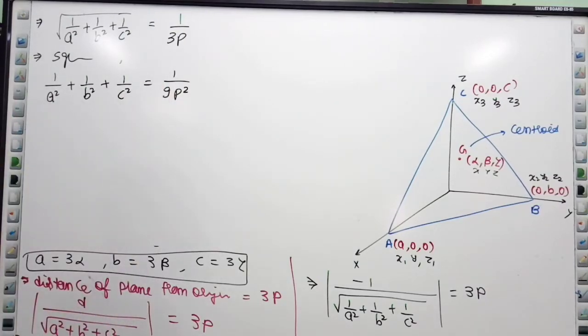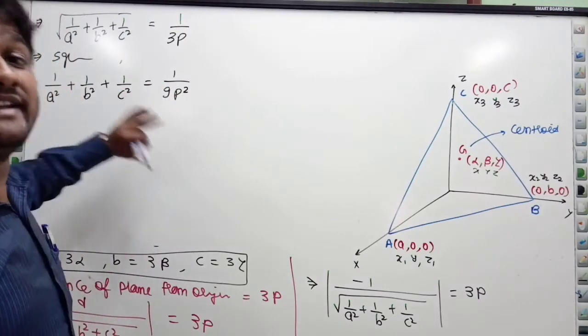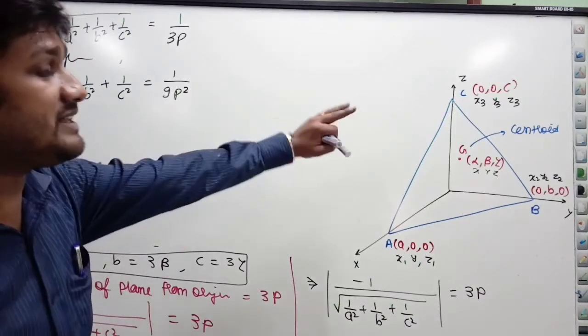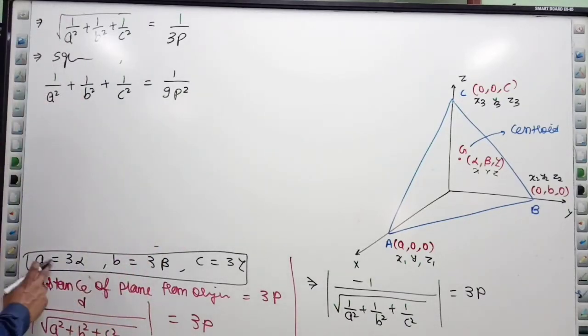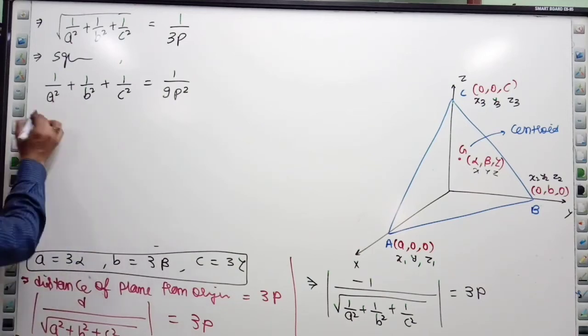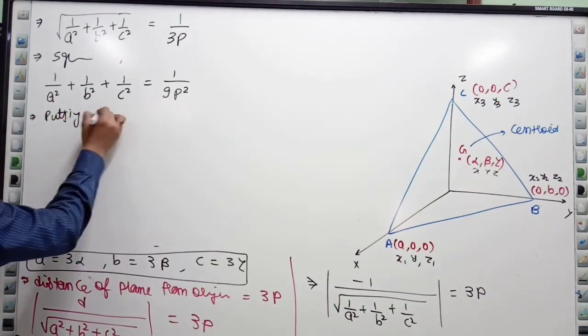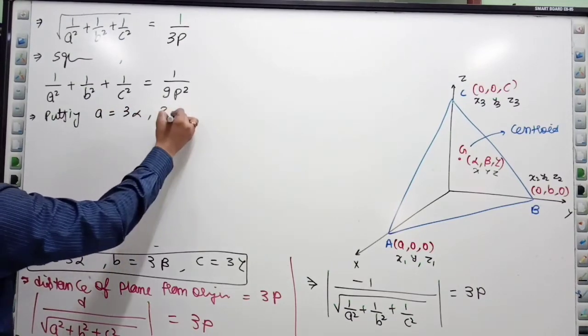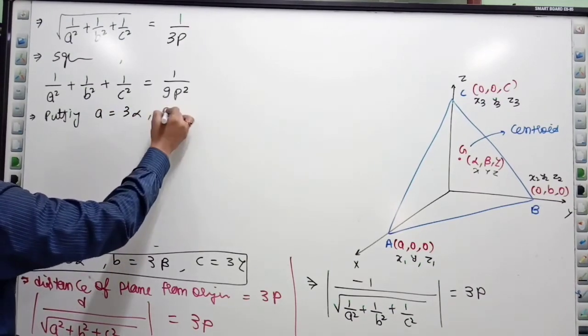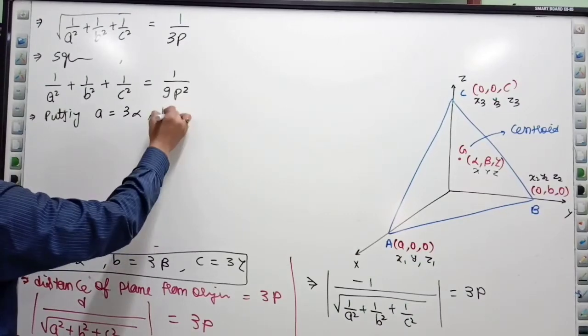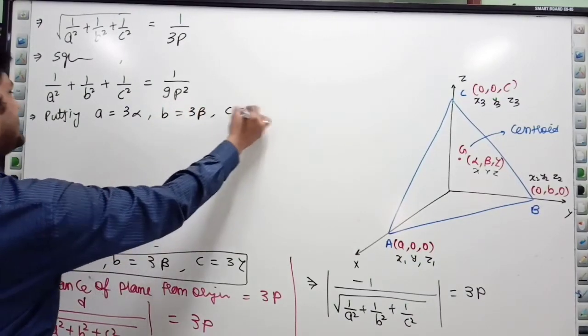Now we need to find locus of centroid, means we'll be writing the answer in terms of centroid, that is alpha, beta, gamma. So I will be putting the value of a, b and c here. So putting a equal to 3 alpha, b equal to 3 beta, c equal to 3 gamma.